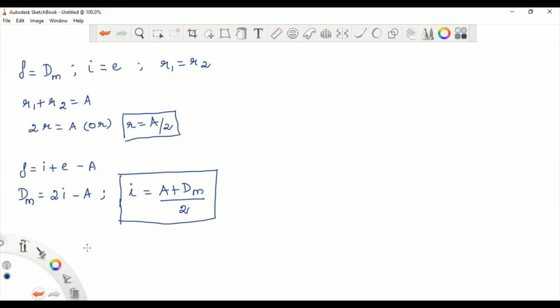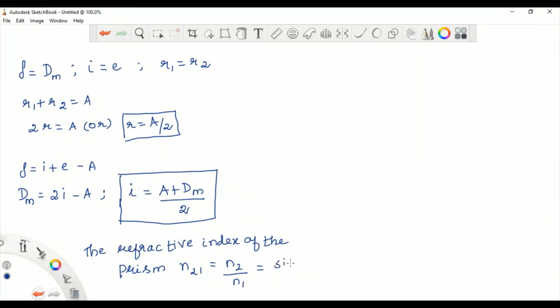We need to find what is the refractive index of the prism. So the refractive index of the prism, that is N21 is equal to N2 by N1, which is sin I by sin R, that is sin of A plus dm by 2 divided by sin A by 2.